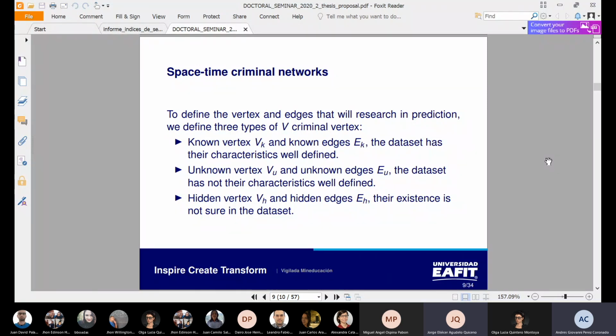We have some criminals, some vertices, and we have some connections that we don't know. We can't find who they are, what kind of criminals, what the names of the criminals are. But they are in my data set. Third, hidden vertices and hidden edges that we are not sure about. We are going to calculate by a probability whether they exist or don't exist in my graph, because we can say that it is like out of sample. We should understand whether they are or are not there.